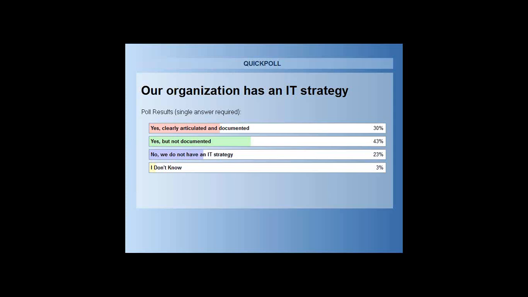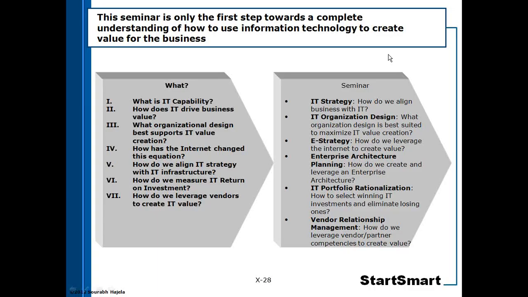So all I can say at this point is, imagine being on a flight where the pilot does not have a flight plan. So those of you who think you have an IT strategy which has not been articulated, now imagine being a passenger, which is, if you're the CIO, imagine your staff.